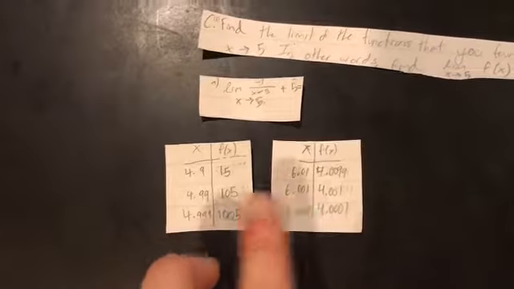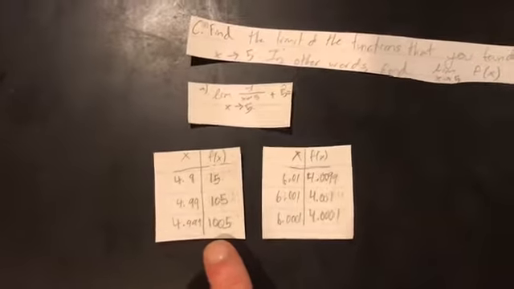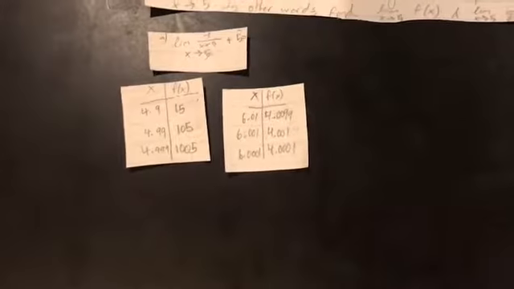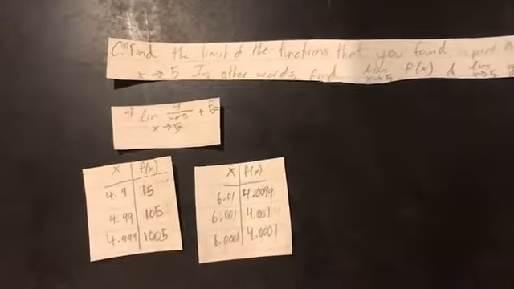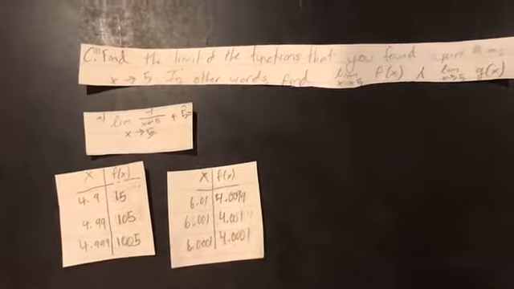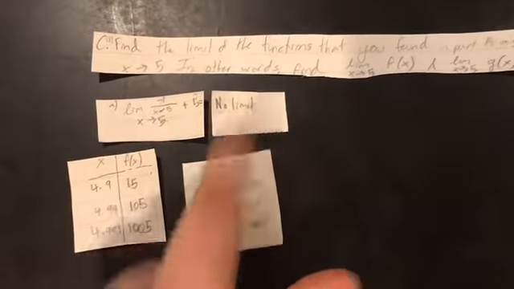And as you can see, these are not approaching the same values, and these are actually getting infinitely larger. So we would say that the limit of -1 over x minus 5 plus 5 as x approaches 5, or the limit of f of x as it approaches 5, would have no limit.